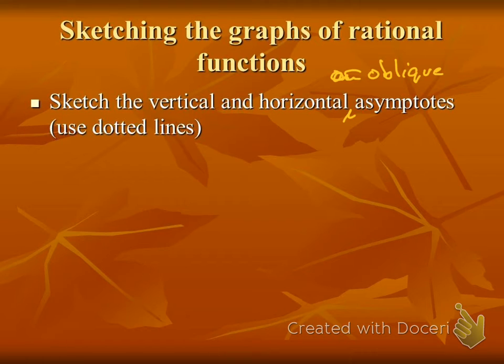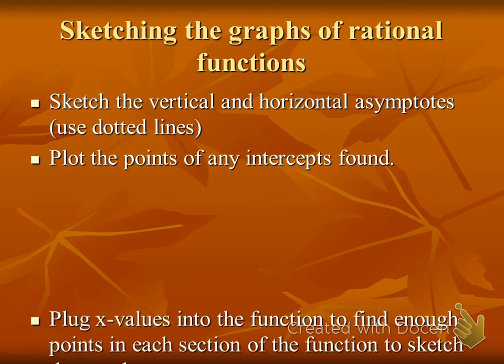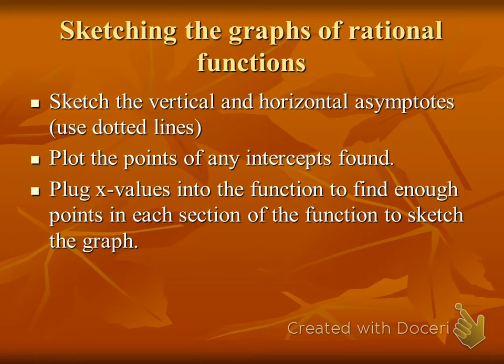All right? So sketch the vertical and horizontal asymptotes. Use dotted lines to do that. Plot the points of any intercepts. If we find x-intercepts and y-intercepts, we're going to use those points. That's going to tell us where the graph is within the sections created by the asymptotes. And we're also going to plug x values into the function to find enough points in each section of the function to sketch the graph.